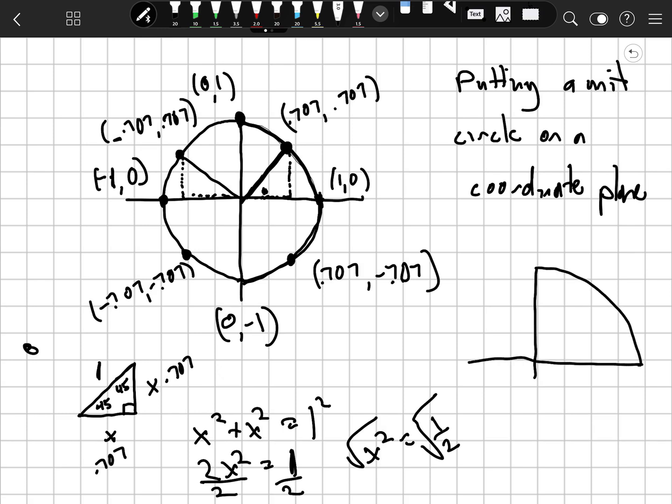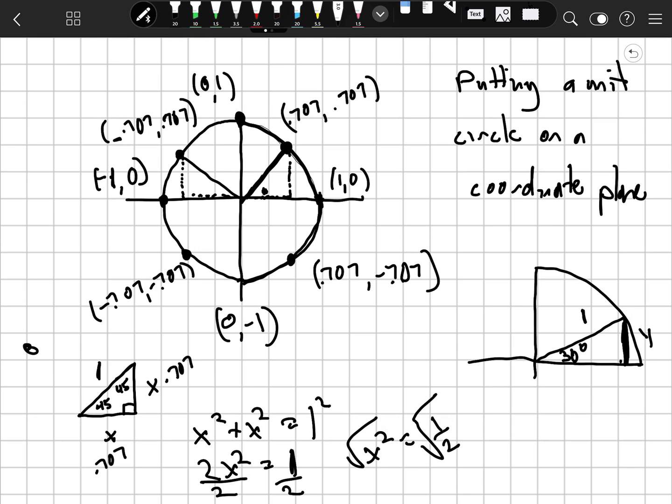Here's my quarter of a circle. This is 30 degrees here. And then you start thinking of your trigonometric functions. So we know that the hypotenuse is 1, and let's say that this leg here is y.